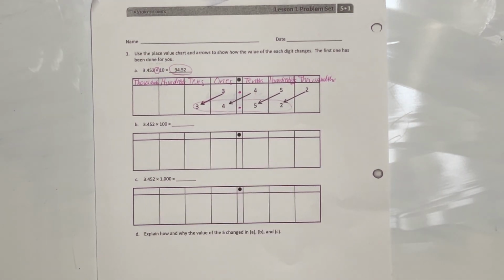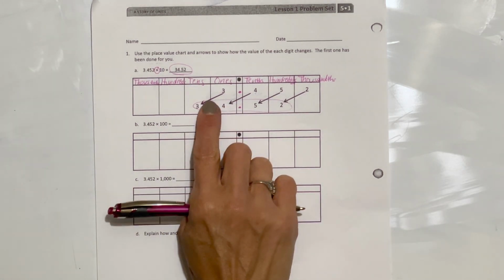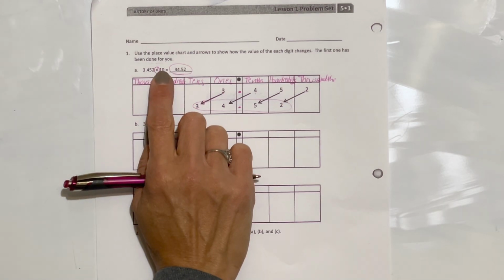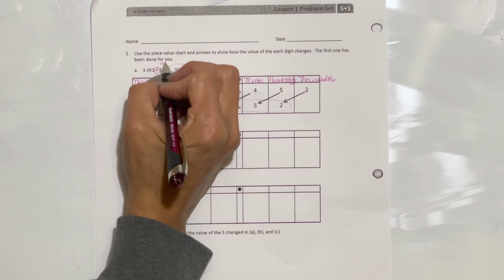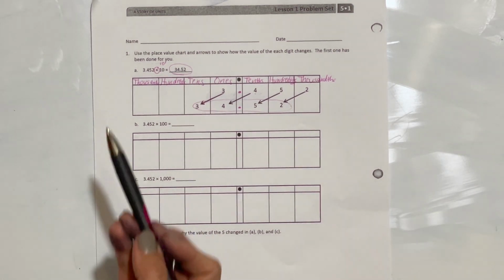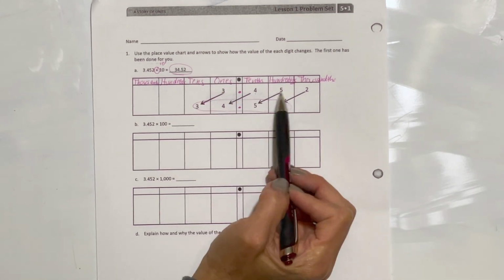All right? So that example was already done for us. We can definitely see how it moves one place, and if we wrote it 10 to the first power, we would know that the power number, or the exponent, tells us how to shift that number.